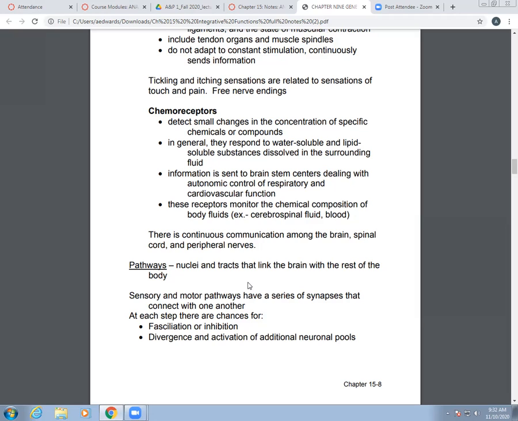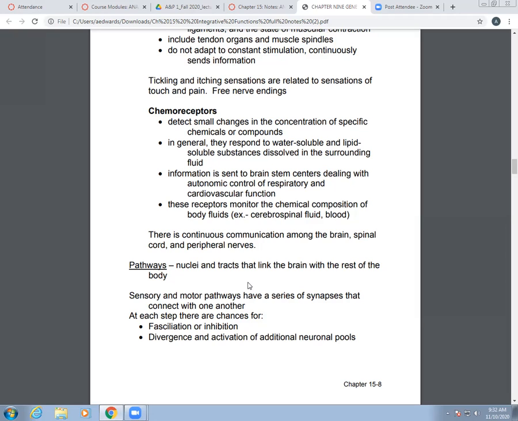These receptors monitor the chemical composition of your body fluids, like your blood and your cerebrospinal fluid. Even if you don't know all the details, you should know generally that your respiratory system and your cardiovascular system typically function involuntarily.